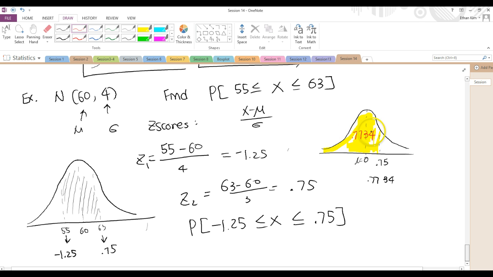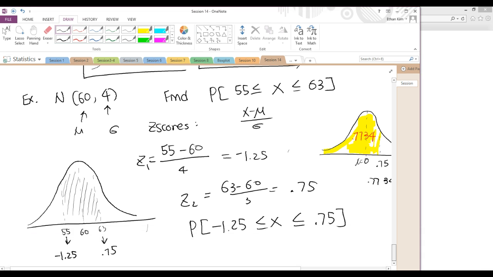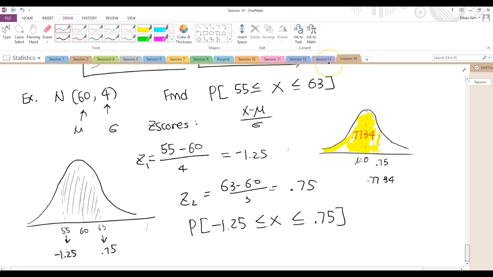We're looking for the area between these two values, and here is negative 1.25. We're looking at this area, not the whole. So we have to subtract something from here.